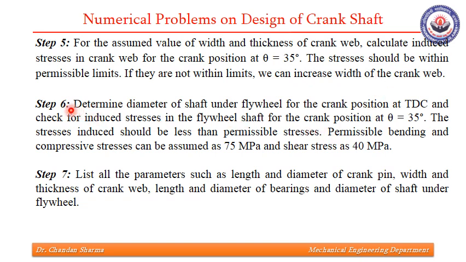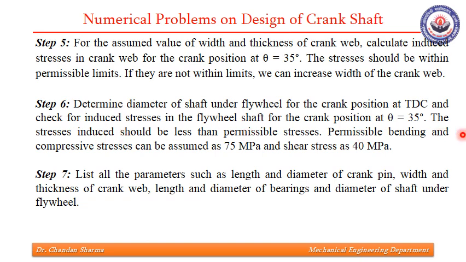In step 6, we'll determine the diameter of the shaft under the flywheel for the crank position at TDC and check the induced stresses. Exactly what we have done in the second question, we need to do over here also, and the stresses induced should be less than the permissible stresses.